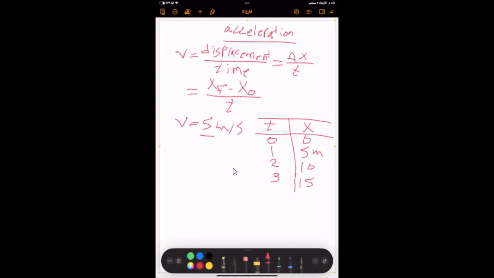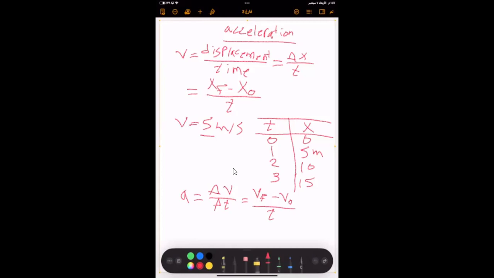Now, what is the acceleration? Acceleration tells you how fast the object's velocity is changing with respect to time. a equals delta v, a change in velocity, over delta t, time elapsed, equals v final velocity, minus v naught, initial velocity, over t, elapsed time.